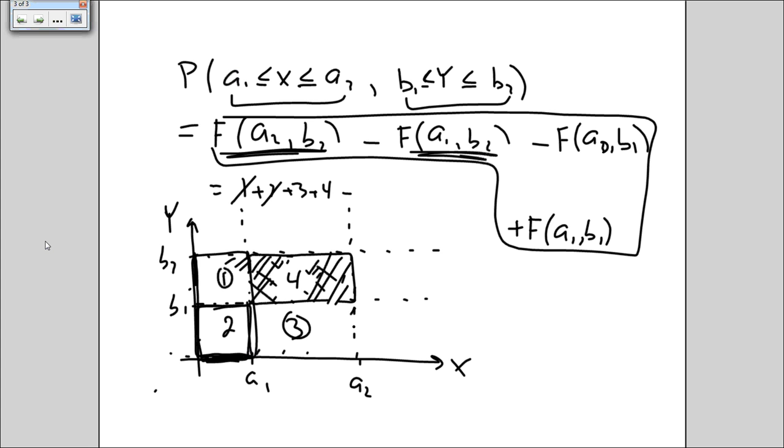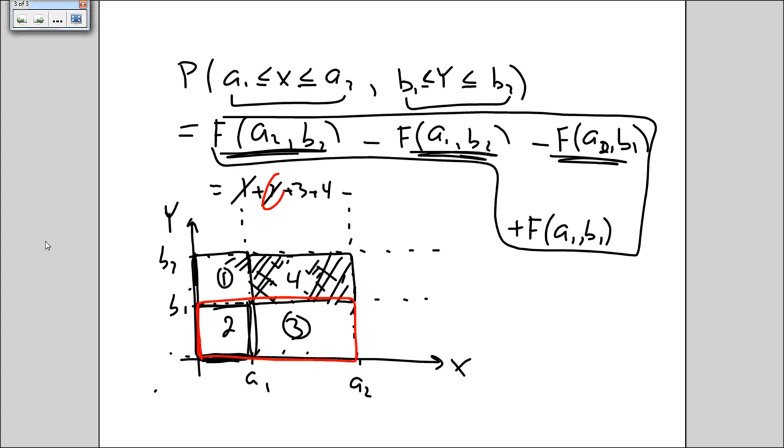And then we took away a2b1. Let's see what area that is. a2b1, that's this area down here. That is, we take away 2 and 3.